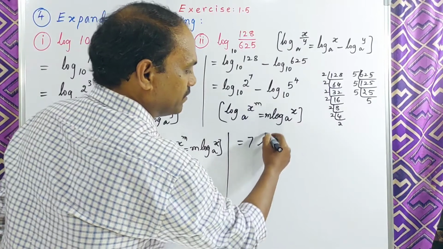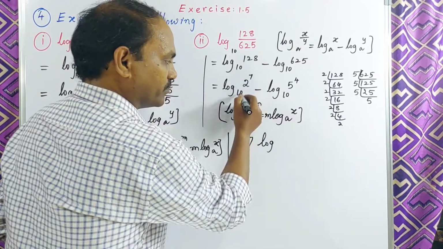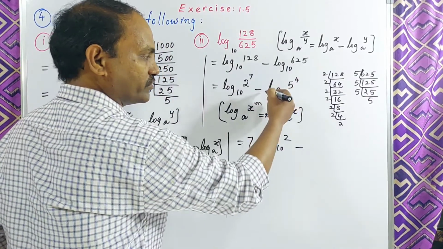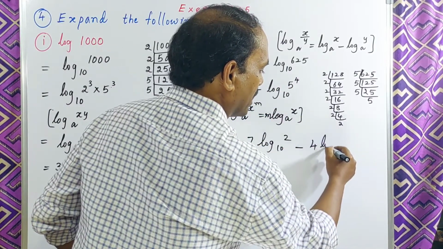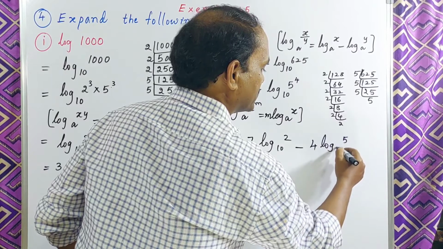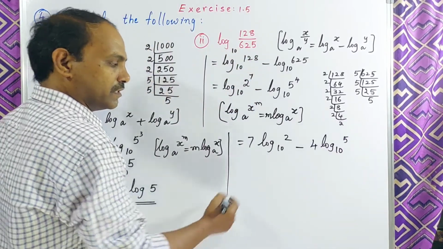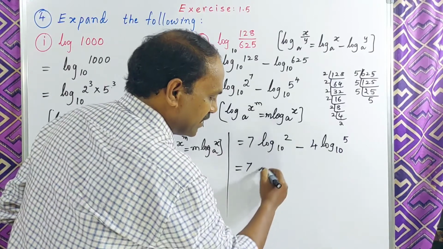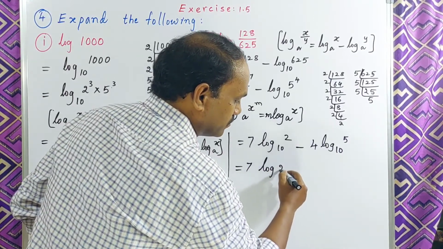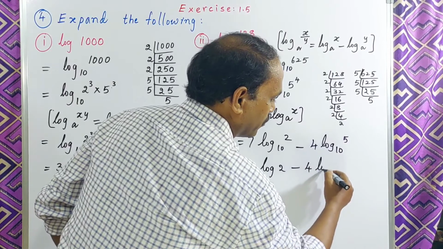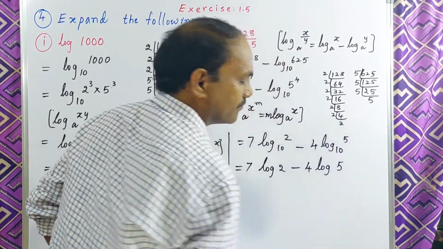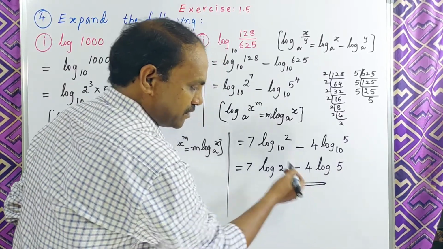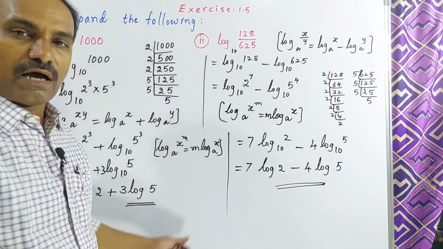So 7 log 2 to the base 10 minus 4 log 5 to the base 10. Now remove this 10, no need to write it. So 7 log 2 minus 4 log 5. Here the base is 10. This is the answer to the second question.